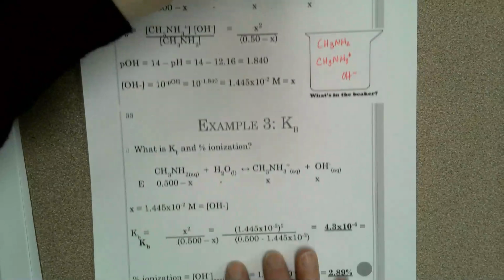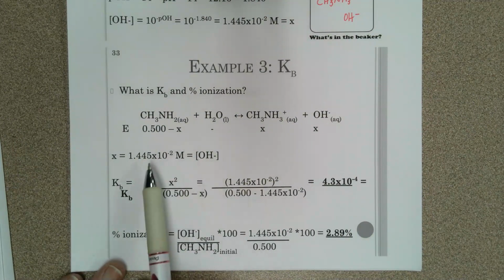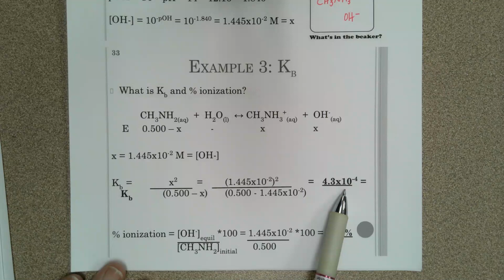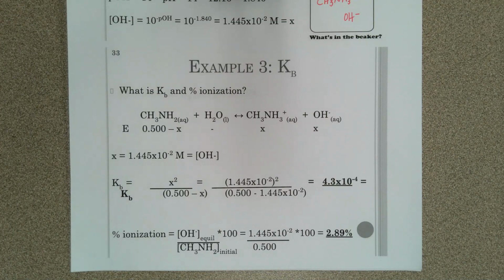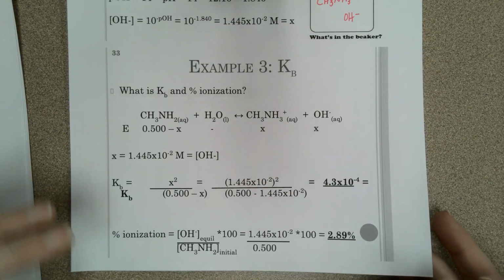All right, once we find our x value, all we're going to do is start solving things. Once we find x, we can plug it into our Kb expression and solve for our Kb value. And then for percent ionization for a base, we're looking at hydroxide ion concentration over our concentration of our base, and then times 100. So very similar to ionization with an acid. Again, we're just looking at hydroxide instead of hydrogen ion.